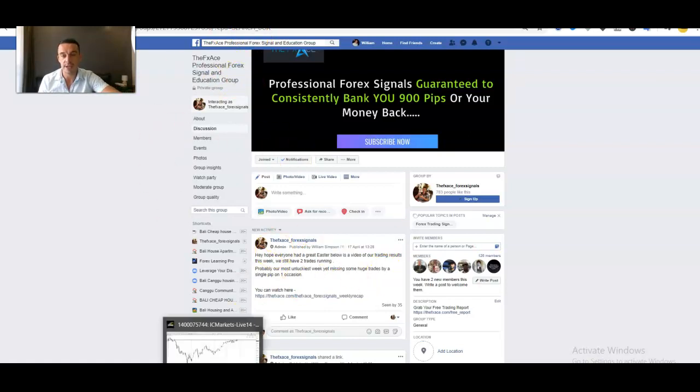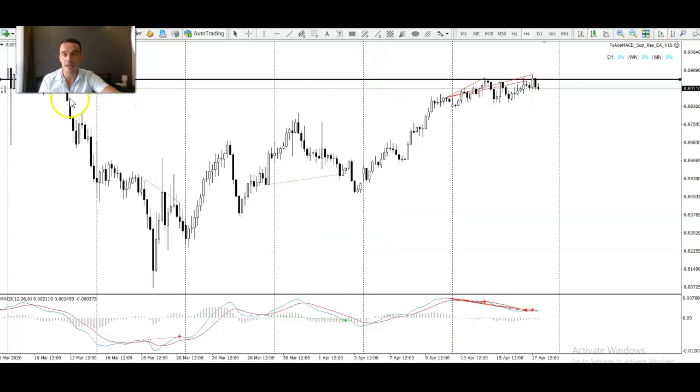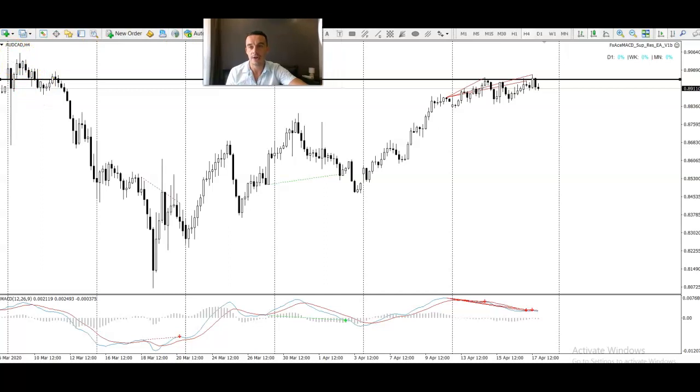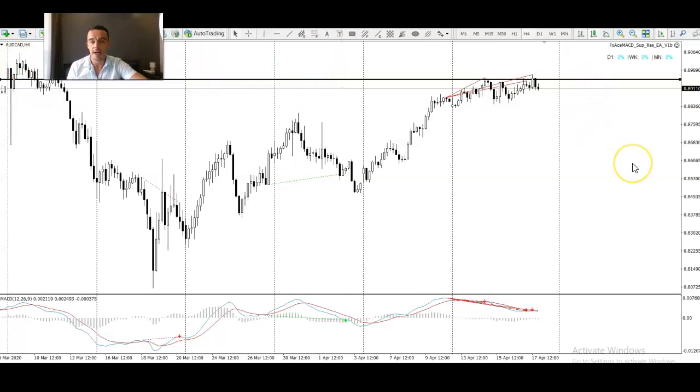So this week's signal is on the Australian dollar, Aussie CAD. Like I said, if you watched my previous video yesterday regarding our new manual entry, this will be okay to enter manually on Monday, based on this divergence signal.